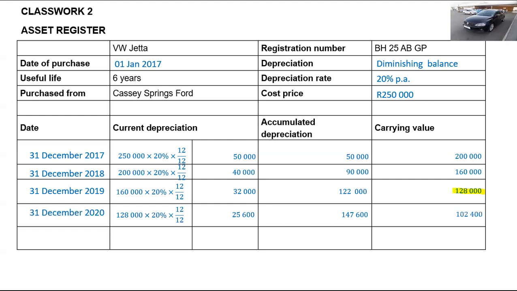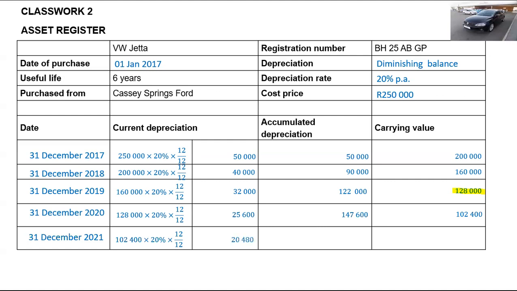That will give us 102,400. Our last part will be on the 31st of December 2021. And we will take last year's carrying value of 102,400 and multiply it by 20% for the entire year. That's why you're multiplying it by 12 over 12.